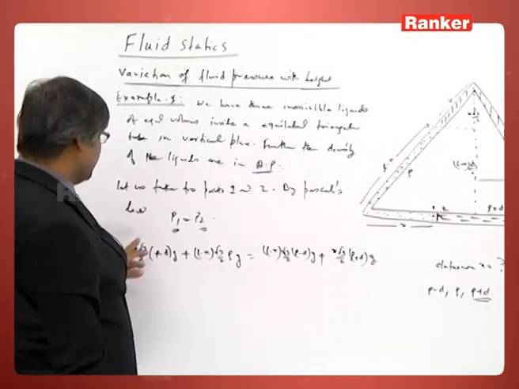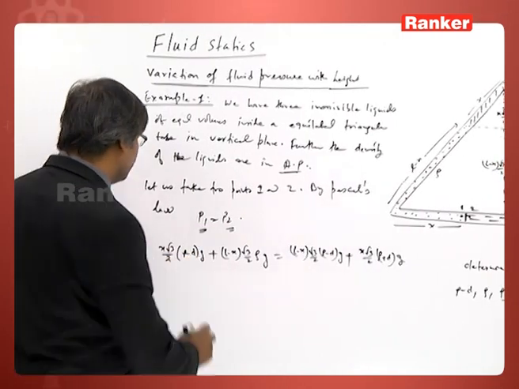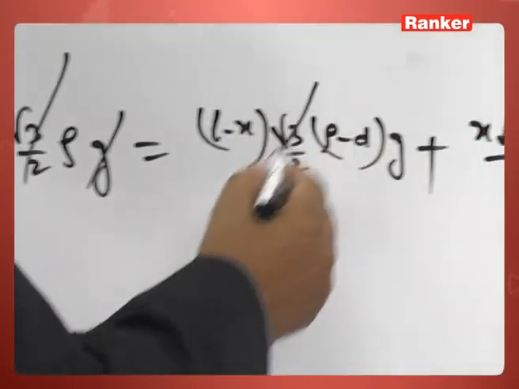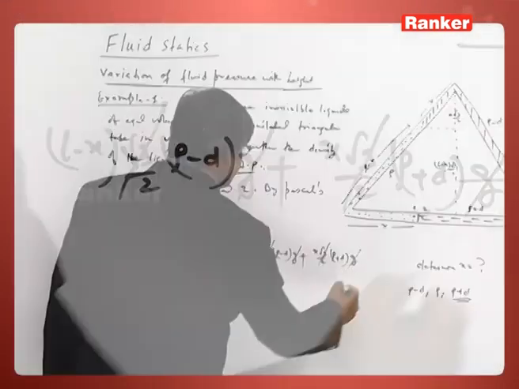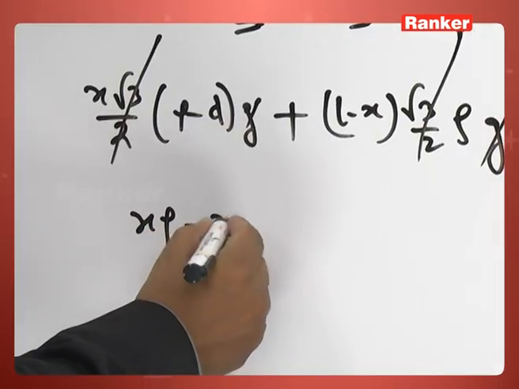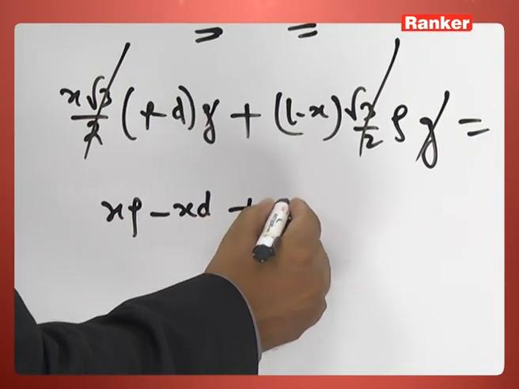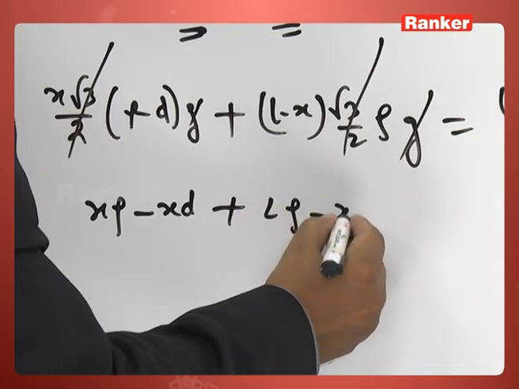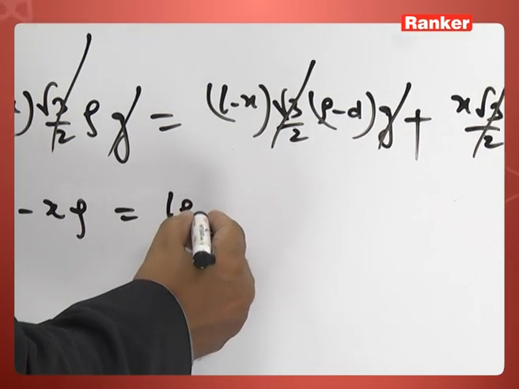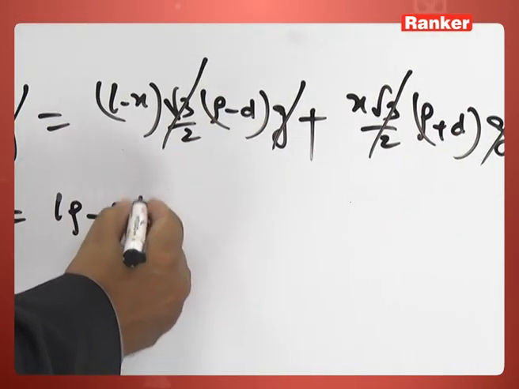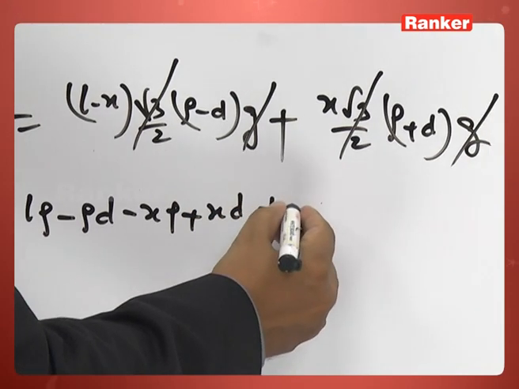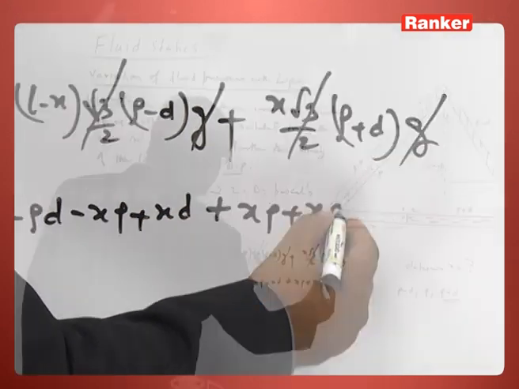So, here you see root 3 by 2 g is cancelled everywhere. So, we have x rho minus x d plus L rho minus x rho is equal to L rho minus L d minus x rho plus x d plus x rho plus x d.